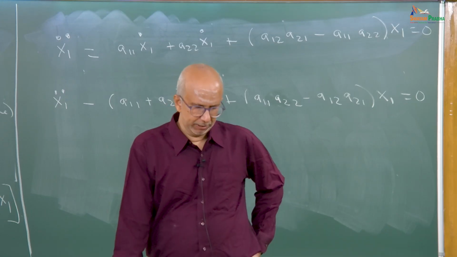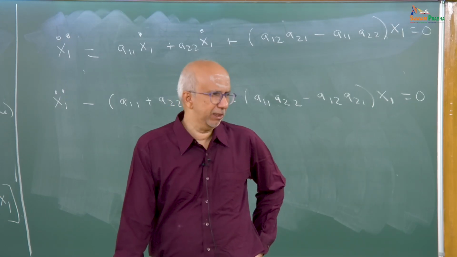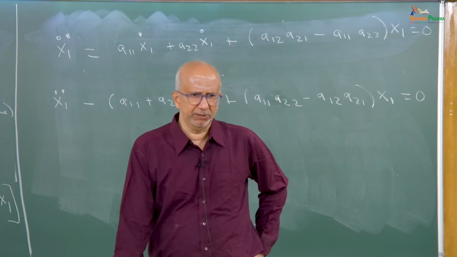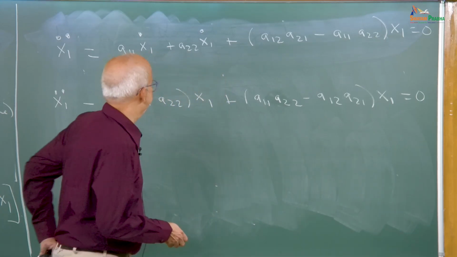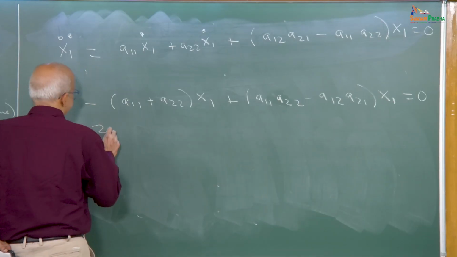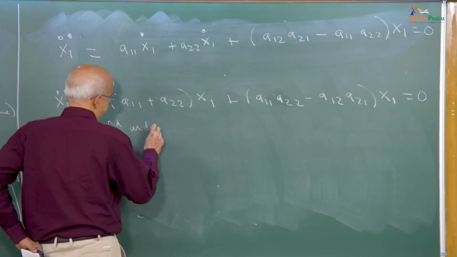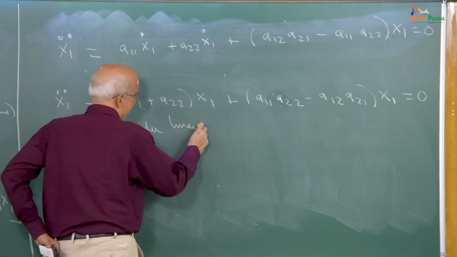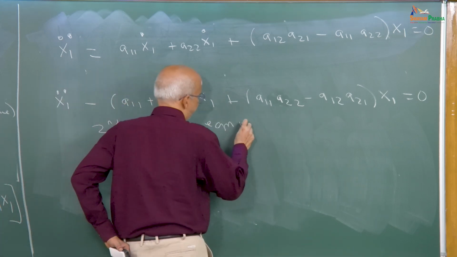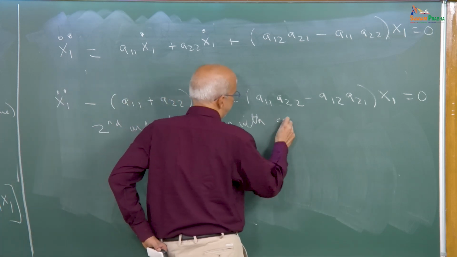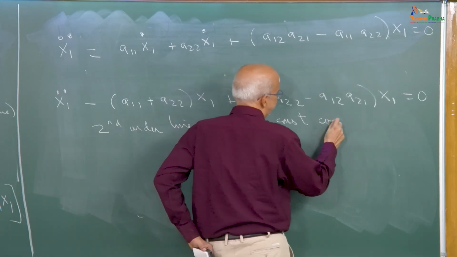You seek a solution in the form of e power mt. This is what you have done, because this is a second order linear equation with constant coefficients.